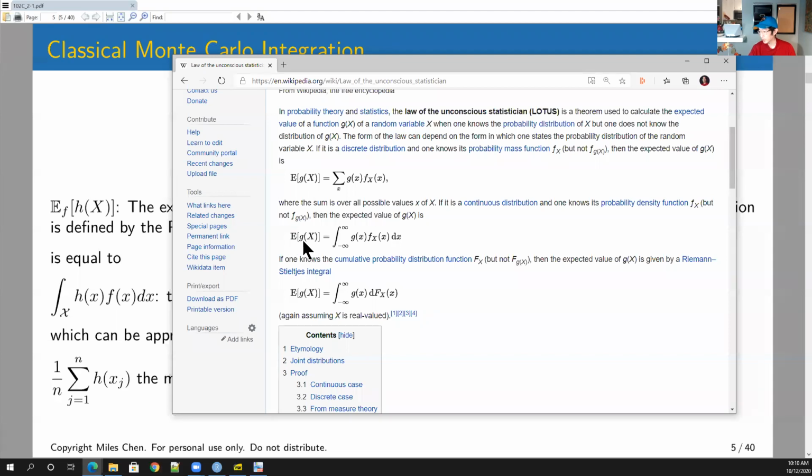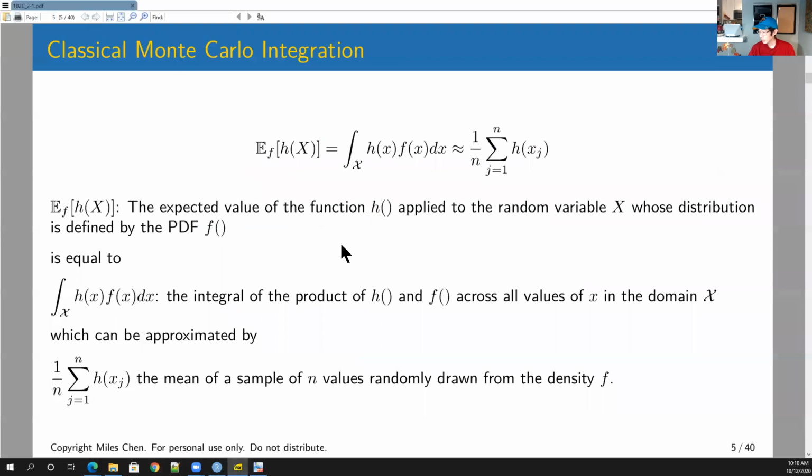The expected value of g of x is basically the integral of g of x f of x dx here. And this whole thing can be approximated by the mean of a sample of a bunch of values drawn from the density f. So we're going to take x_j, which is going to be a bunch of values drawn from the distribution f, and we're going to take the sample mean.